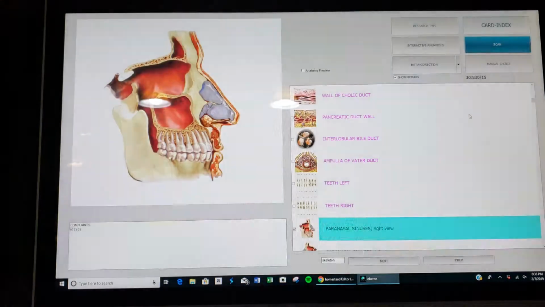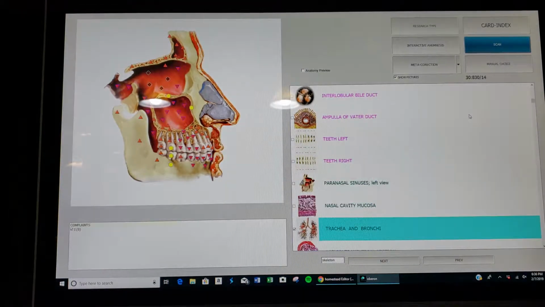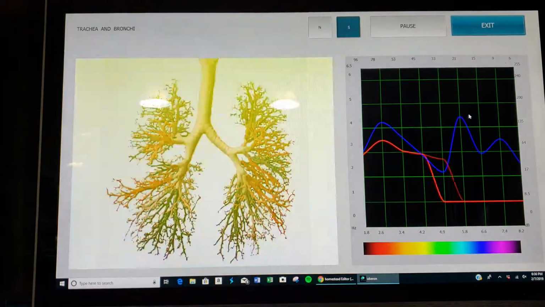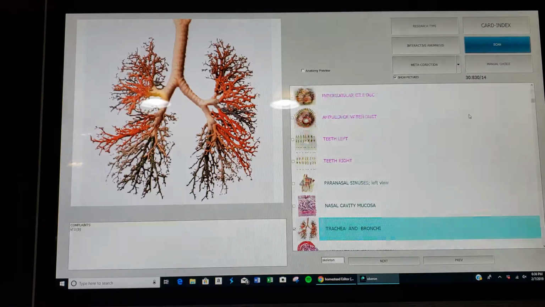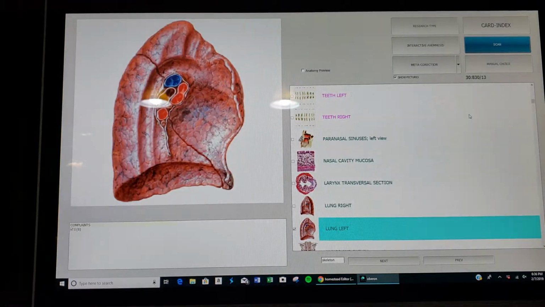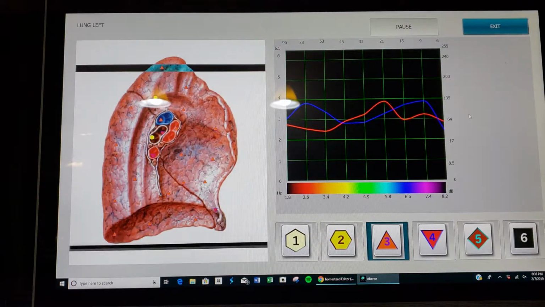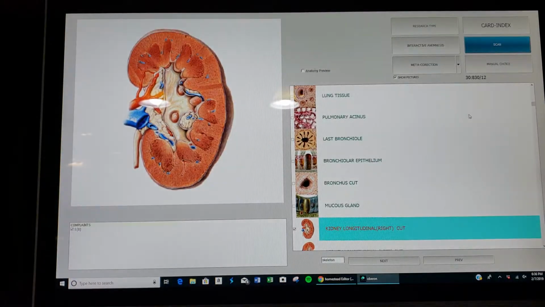You want those two lines to follow each other as close as possible. That means the activity of the organ or the tissue is normal. But when you see large gaps between the red line and the blue line, that means that there are problems and energy weaknesses there that you need to pay attention to.